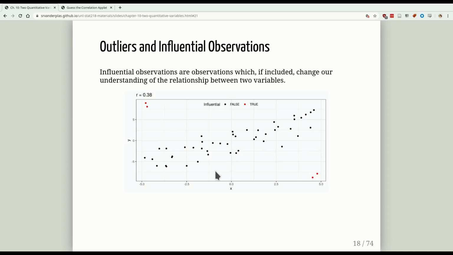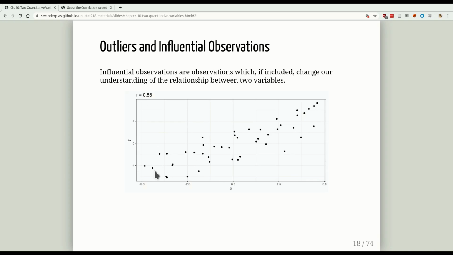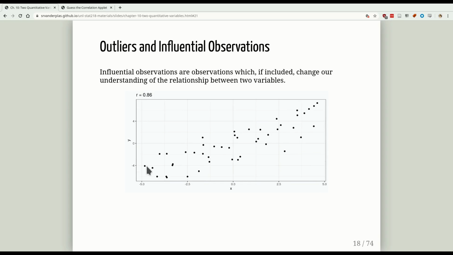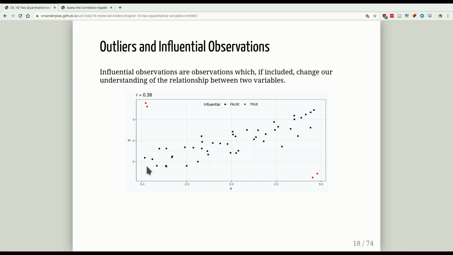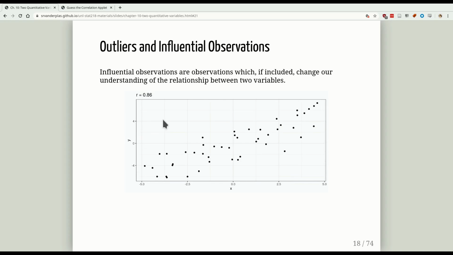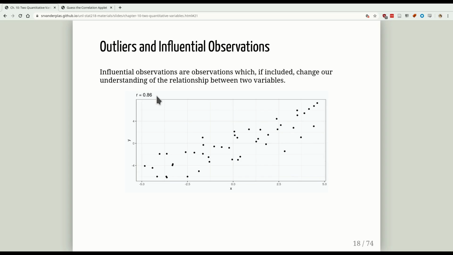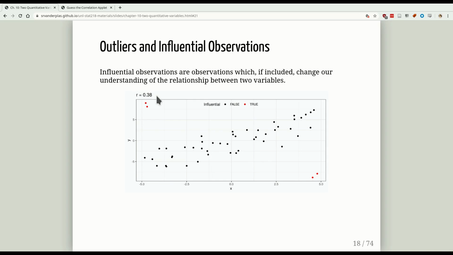Right? So here, you can see that if we have all of these black points, and we add in the red points, our correlation value changes a huge amount. Like it's less than half of what it was before.